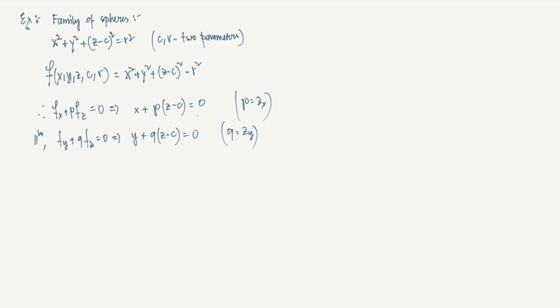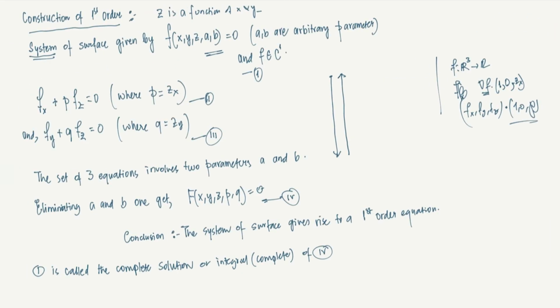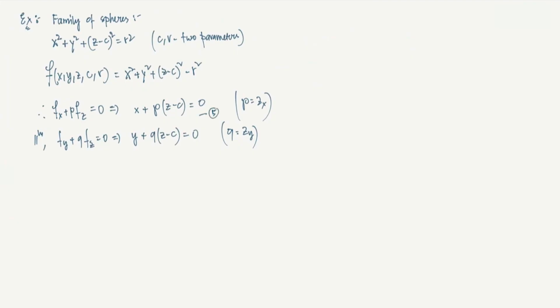Now what we have is from these two relations, let's call it 5 and let's call it 6, and let's call the first relation star. From 5 we are going to get z minus c is minus x by p, and from 6 we are getting z minus c is minus y by q.